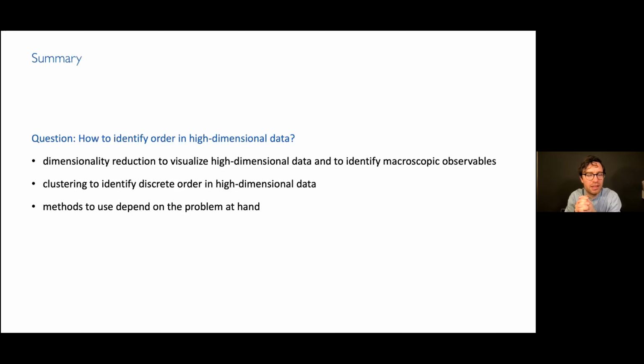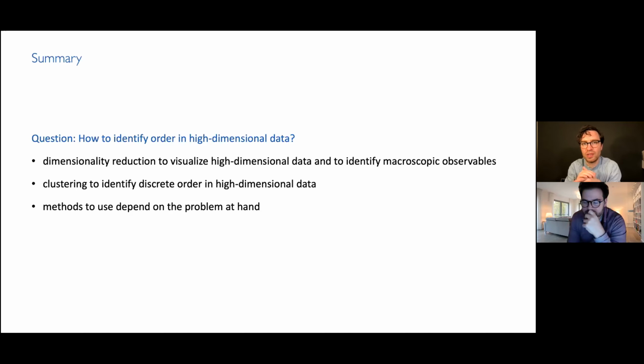I showed you a couple of approaches for clustering to identify discrete order in high-dimensional data. One important point is that the methods to use to work with high-dimensional data depend on the problem at hand. It really depends on what you're looking for, and often it's just trying out a lot of things to see what makes sense to understand your data.